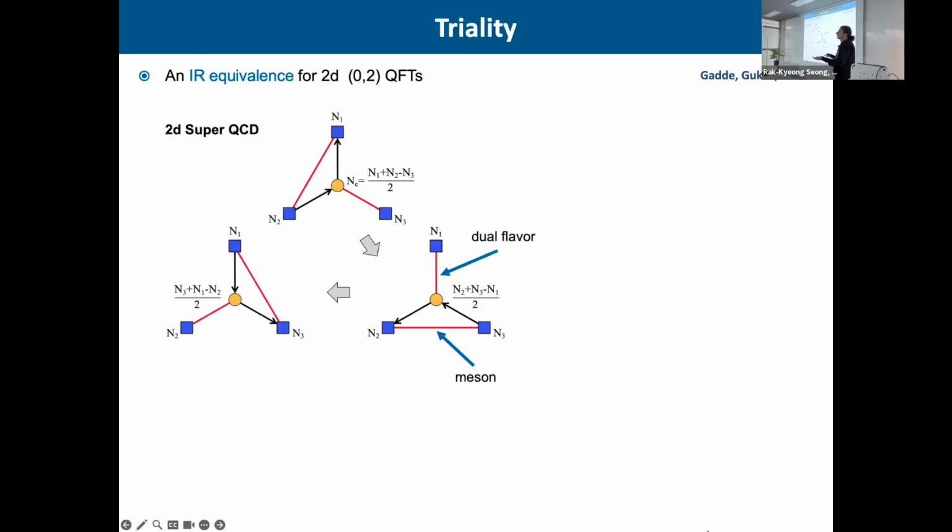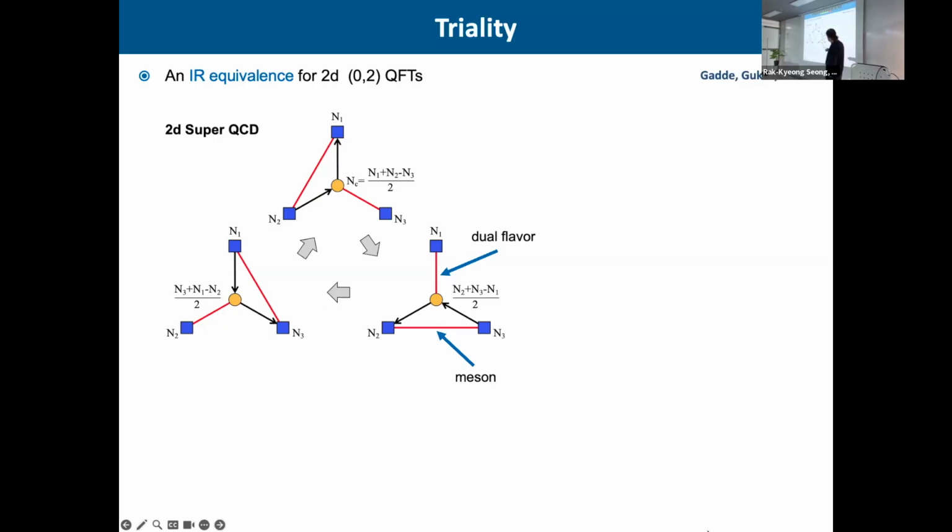And then we do this thing again, using this as a starting point, and you apply the same rules to obtain the other theory. And there are three theories that, if you have only one gauge group and you apply triality on the same node, are closed under triality. I will call this thing triality.